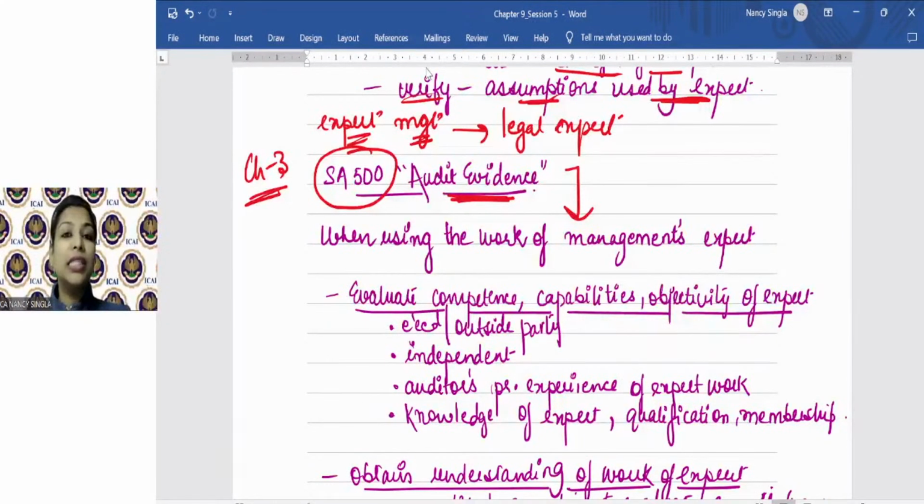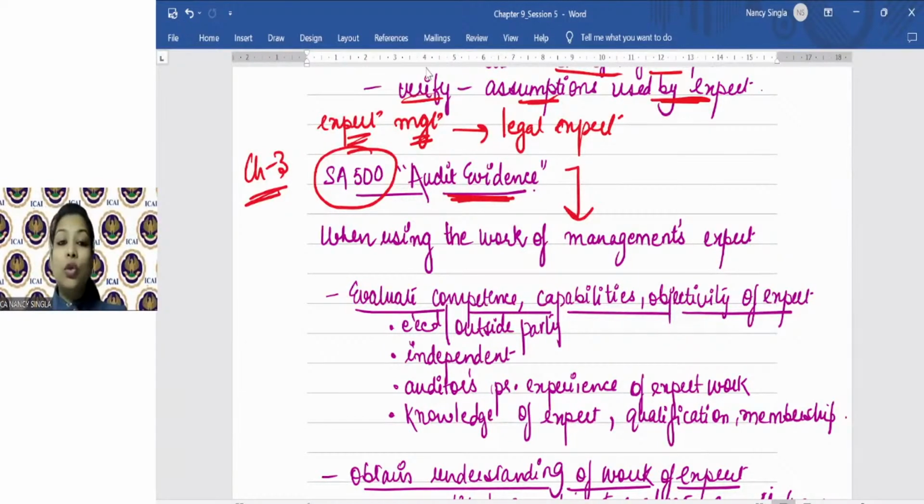So auditor will consider that before using the work of the management expert. And students, here I am not talking about auditor's expert. There is a separate chapter for that, though that is not in your course. So I'm talking about management expert. ठीक है? Is it clear?